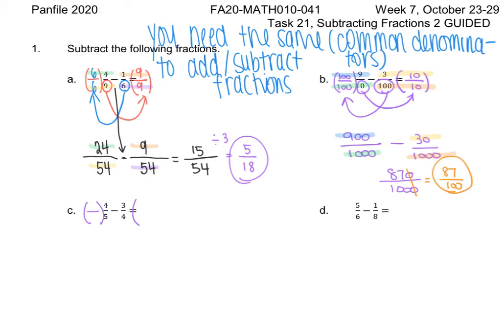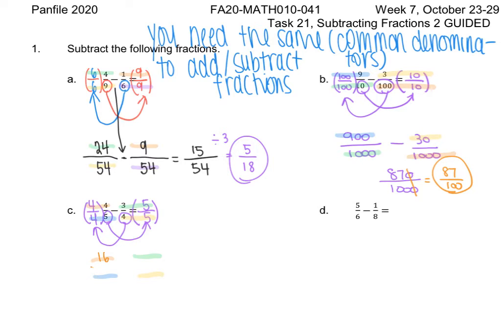I set up my parentheses. I bring my 5 to the right. I bring my 4 to the left. 4 on the top and the bottom. 5 on the top and the bottom. Okay, if you want to color code, top, bottom, top, bottom.